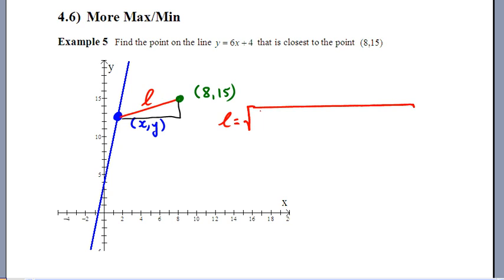So it's going to be the square root of (x minus 8) squared. That's the leg along the bottom for that right angle triangle, plus (y minus 15). That's the rise there. We're going to square that. So it's just doing some Pythagoras to figure out how far that will be. And our goal is to try to make that L as small as possible.